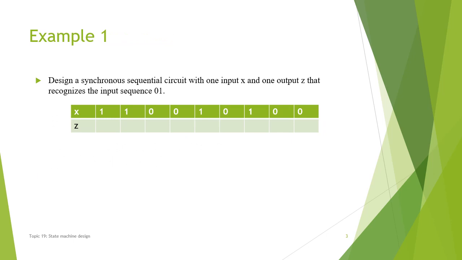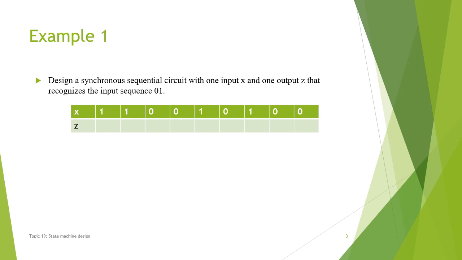Okay, let's look at our first example. Let's try to design a synchronous sequential circuit with one input X and one output Z. So Z is the asynchronous output here that recognizes the input sequence 0, 1.